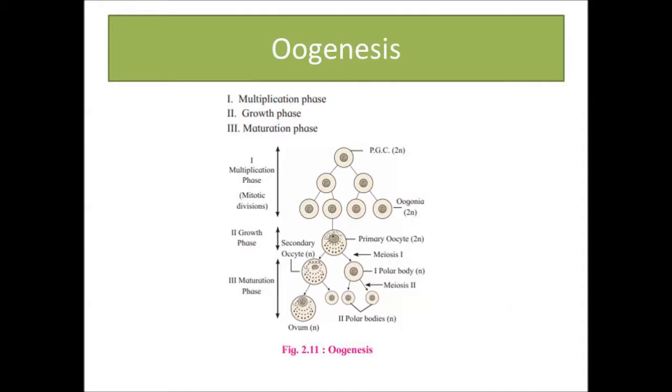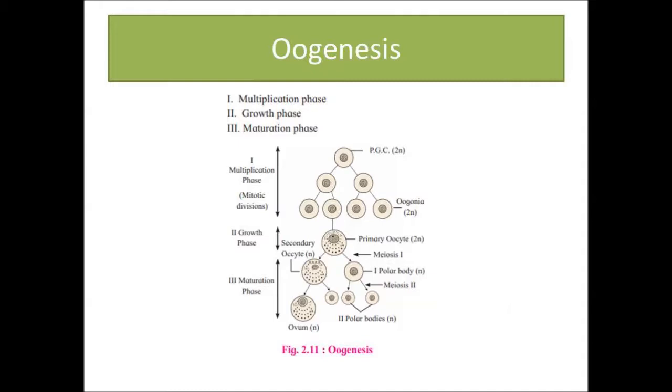This division is peculiar in females: both daughter cells have the haploid number of chromosomes, that means 23 chromosomes. But due to the unequal division of cytoplasm, one is a large cell, called the secondary oocyte, which is haploid in number, and the other is a small cell called the first polar body, which is also haploid in number.